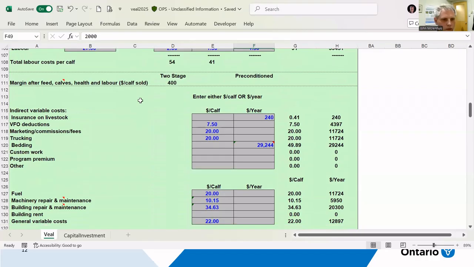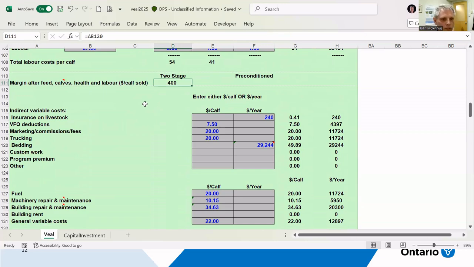So you see the margin that's left after feed, calves, health and labor is $400 per calf sold. So that $400 is left over to pay all of those yardage component pieces that are still left to pay.